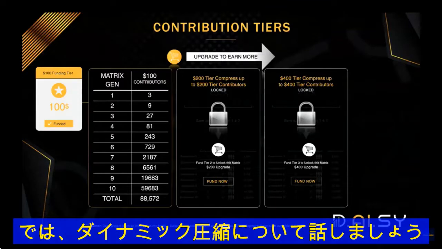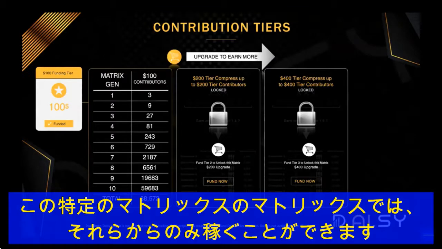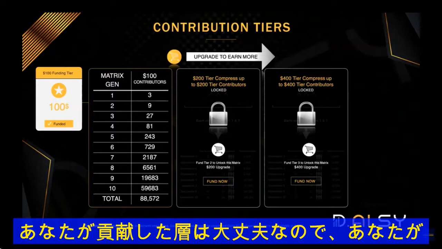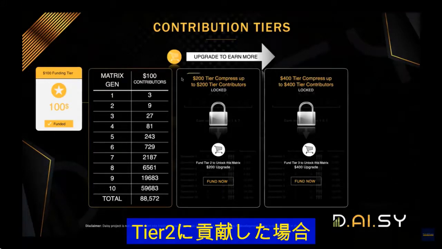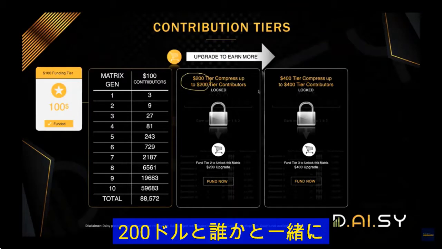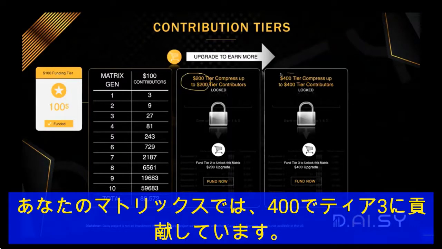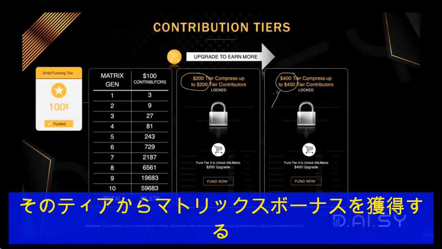So let's talk about the dynamic compression. In this particular matrix, you can only earn from those tiers that you have contributed to. Okay, so if you have contributed to tier 2 with $200, and someone in your matrix has contributed to tier 3 with $400, you will not earn matrix bonuses from that contributor.